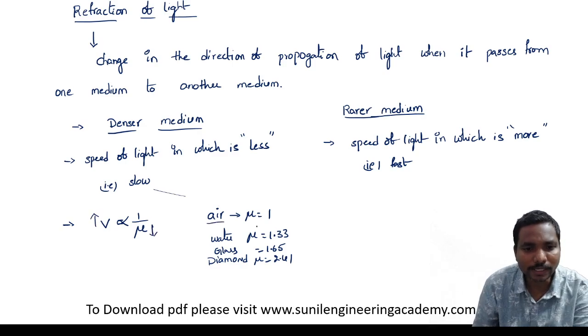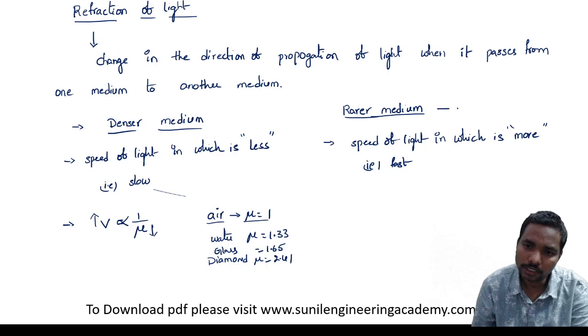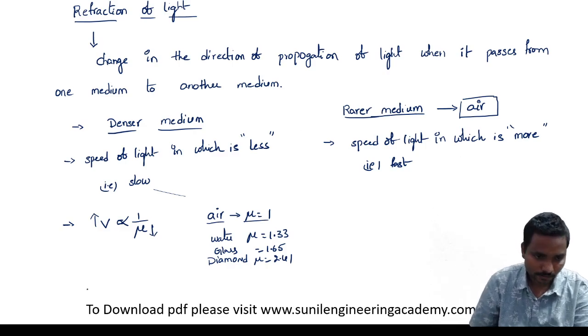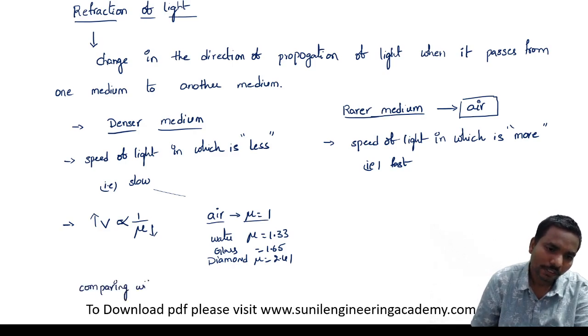For air, the refractive index is less, so the speed of light in air is more. So generally air is considered a rarer medium. By comparing with air, water and glass are denser mediums.